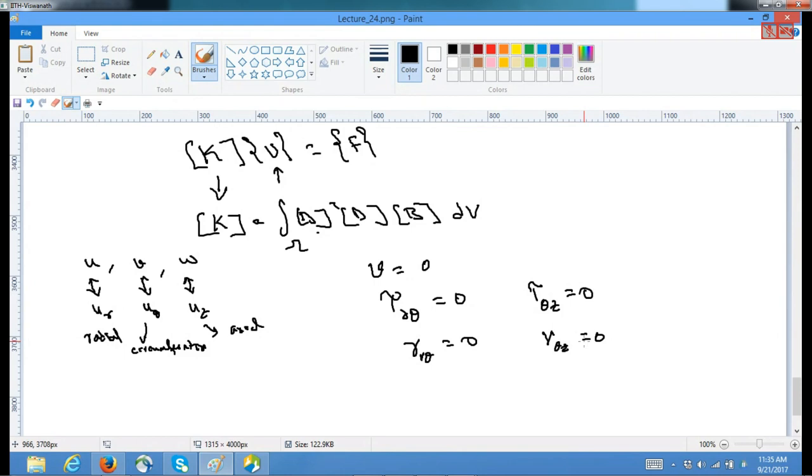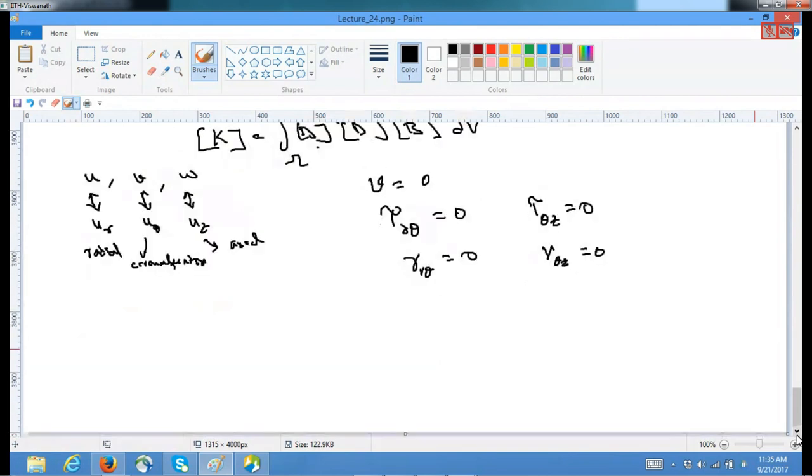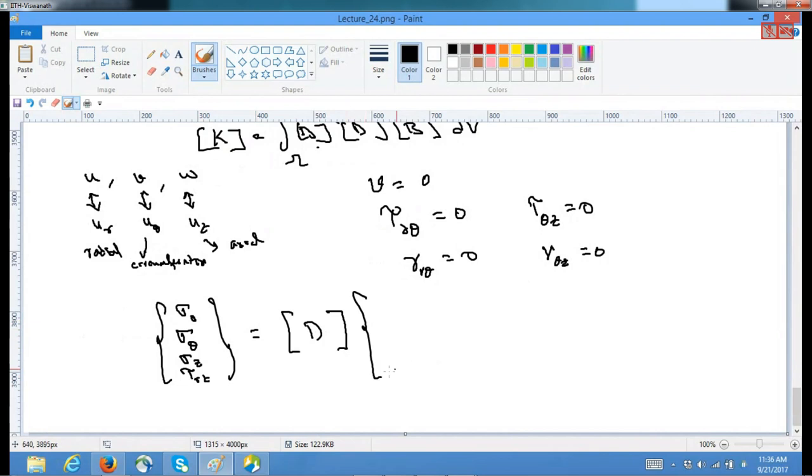So let me write those 4 independent things. Those are sigma rr, which we simply call sigma r, sigma theta, sigma z, tau rz equals D times, let me call it as AS. D AS means D for the axisymmetric case, which is different from the plane stress or the plane strain which we have seen earlier.